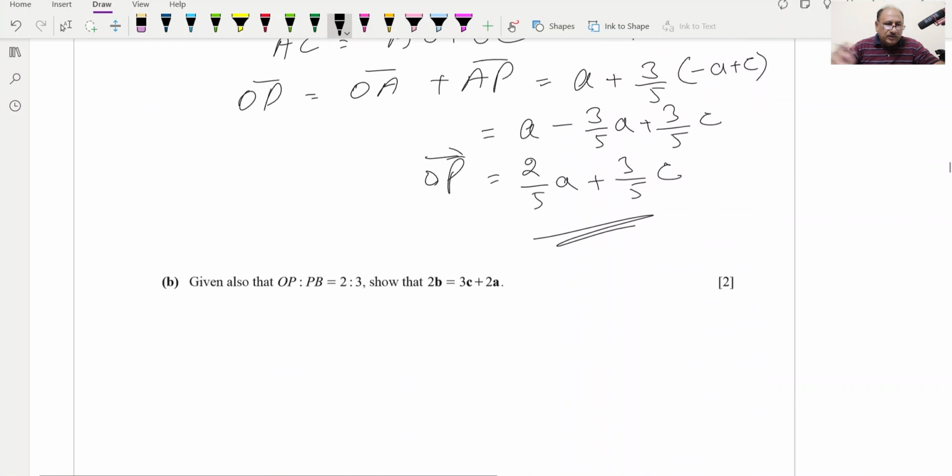Now part B says given also that OP to PB is 2:3, show that this is equal to this.